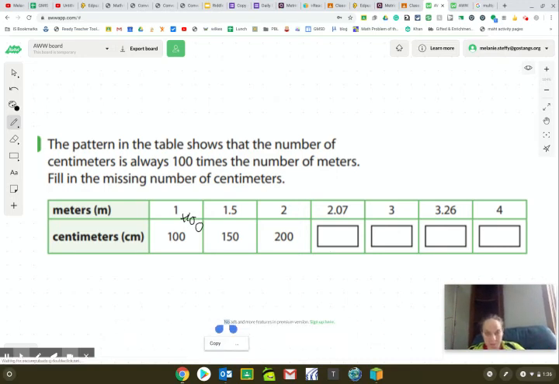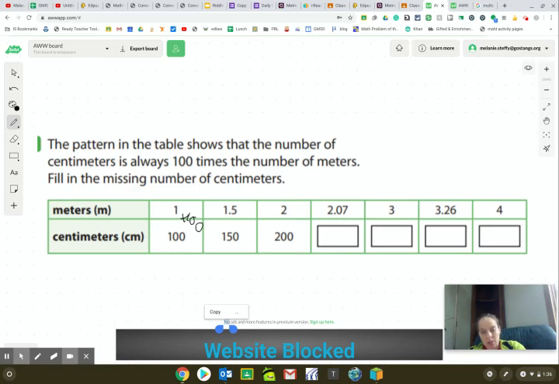So we'll go ahead and have you fill them out. Multiply by 100, you're moving the decimal point 2 places to the right because you're making the numbers shift 2 places to the left. So that's 207. This one here, 2 places to the right. Well, that would be just attaching two zeros. We got 326 and 400.